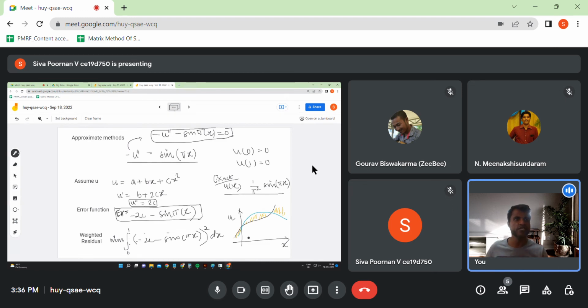The only variable that is in my control is c, right? Because c is the only thing that is a variable here. I can only change c, right? So I have to differentiate with respect to c and make it 0.